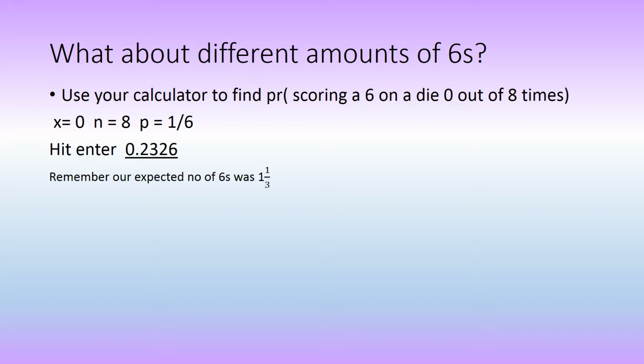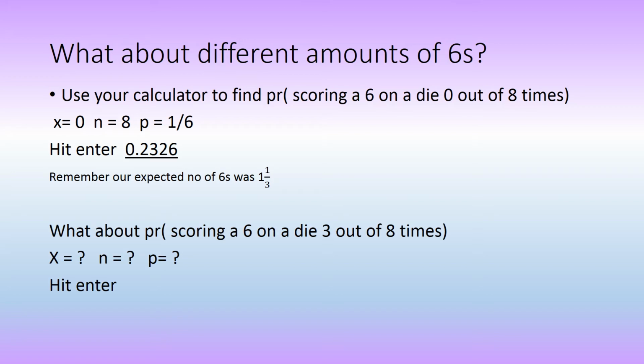Now let's remind ourselves that when you do roll a die 8 times, the expected number of 6s is 1 1/3. What about the probability of scoring a 6 on a die 3 out of the 8 times? So have a think about what x would be, what n would be, and what p would be. And then hit enter.